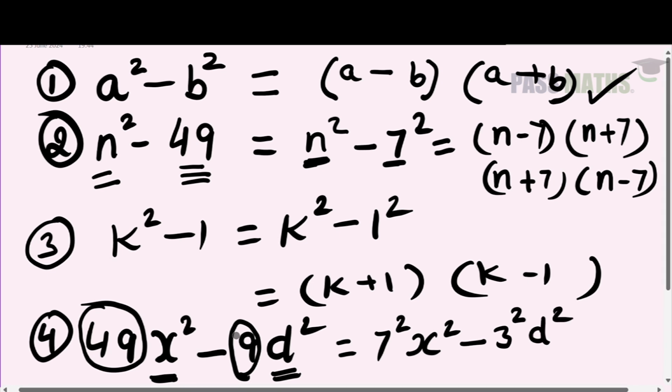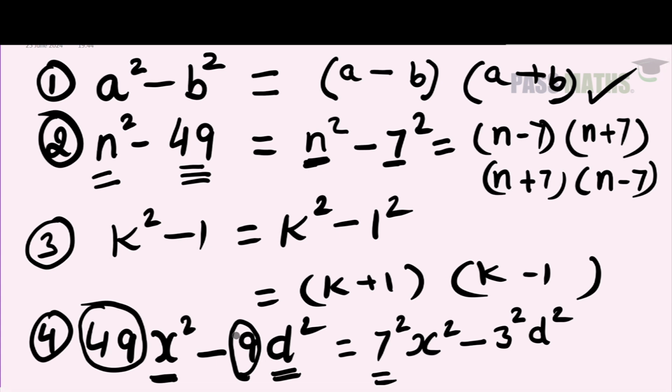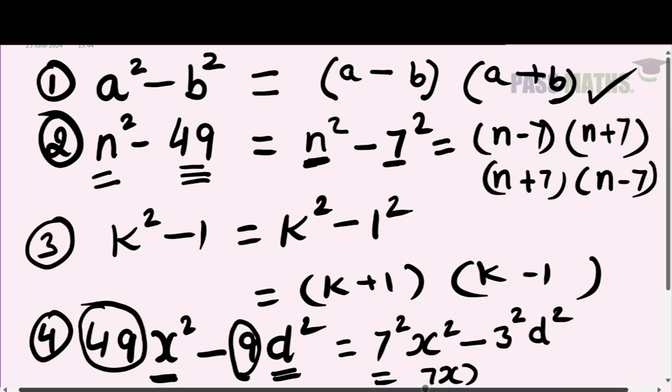But now we need to tie this up. How can we tie this up? So we can write 7x in brackets and square. So this term now becomes square, 7x whole squared minus 3d whole squared. Now if you look carefully, 7x is a square term, 3d is the other square term. Let me go to the next page. So we had 7x squared minus 3d squared, if you remember.